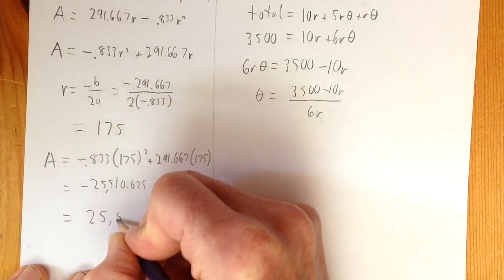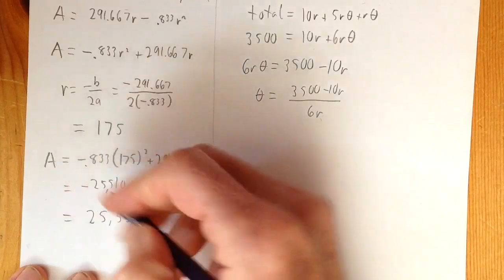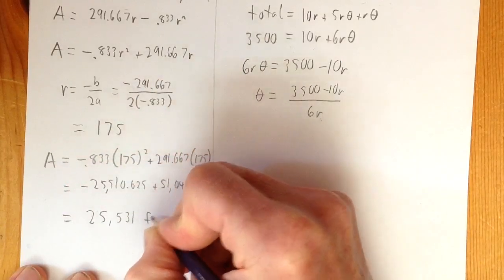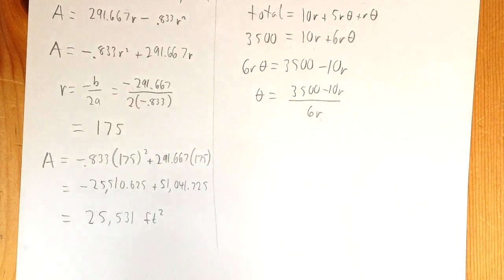So 25,531. We were dealing with feet here. That's the only unit we have, and this is area, so it's feet squared. Square feet. So that many square feet, which is about what they got, within rounding errors, depending on how many decimal places. Looks like they kept the fractions the whole way, so they got 520 instead of 530, but yeah, close enough.